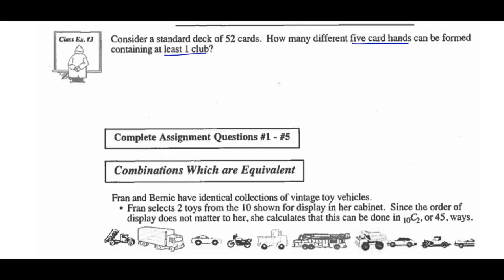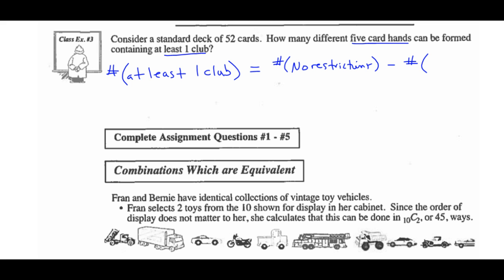Or we could say number of ways of selecting at least 1 club in your 5-card hand should equal the number of ways where there's no restrictions, subtract the number of ways which is the complement of having at least 1 club.